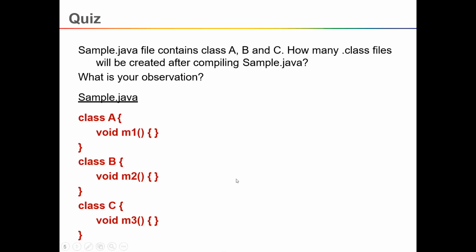In Java, for every class a corresponding .class file is generated by the compiler. So for the given case, for class A, A.class will be generated, then B.class, then C.class. For every class, a class file is generated by the Java compiler.